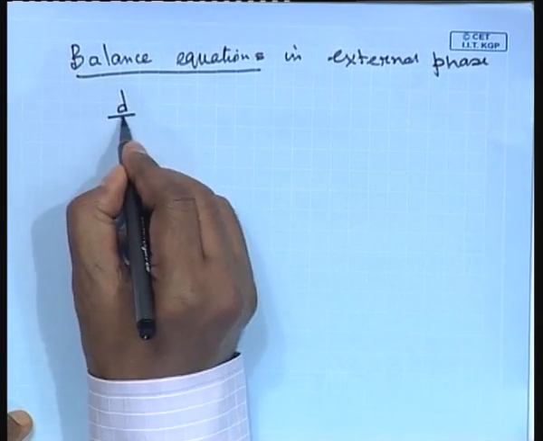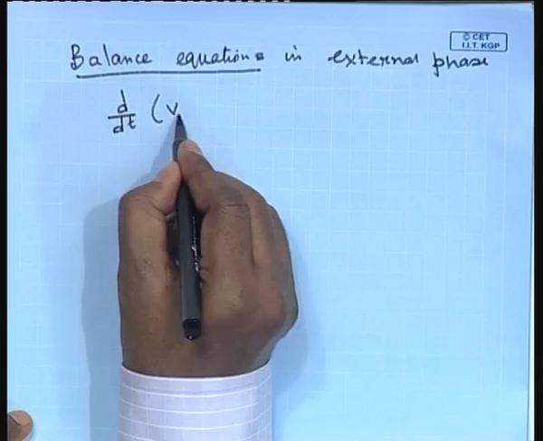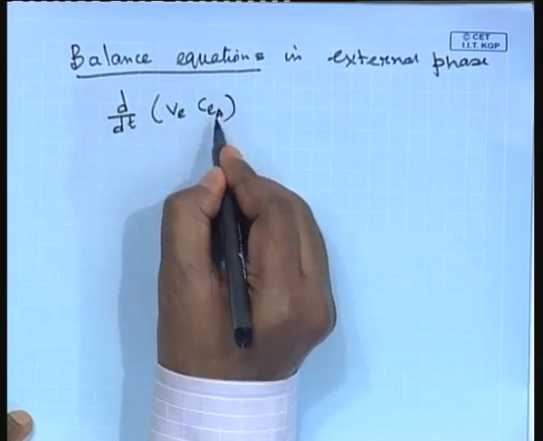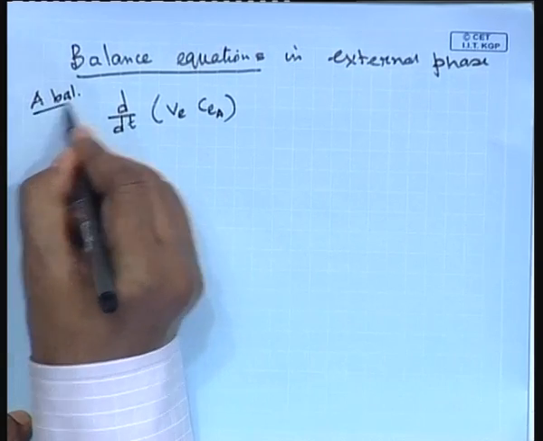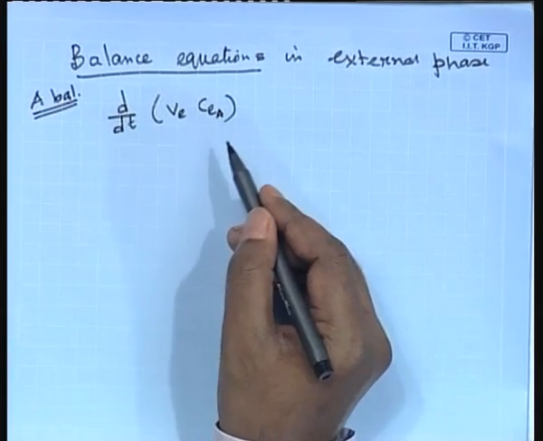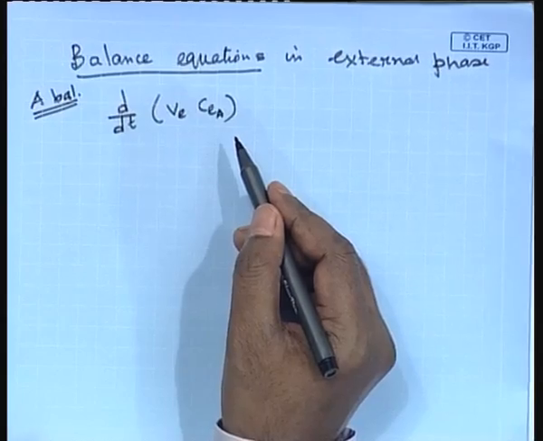It will be d/dt of V_e times C_EA. So, this is basically the A balance, my solute balance. Rate of accumulation is equal to net rate in minus net rate out. That is true for any balance equation, whether it is a species balance, energy balance, or momentum balance, whatever.